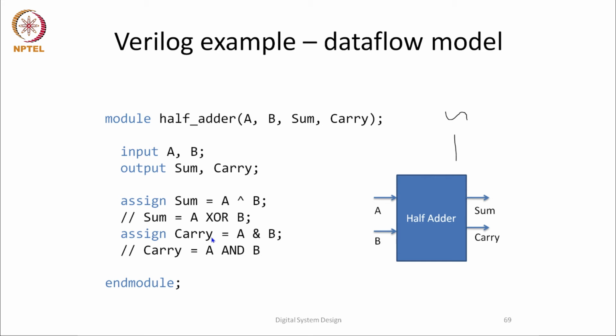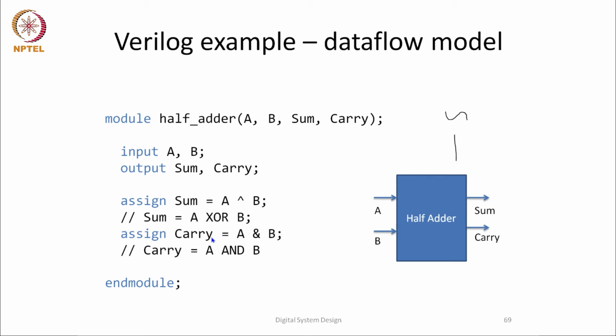So this data flow model is also equally powerful like a structural model, because instead of describing using basic gates, we can use equations, which are sometimes a more effective way of representing, because you need not write each and every gate. You can summarize all of these gates in the form of Boolean equations.